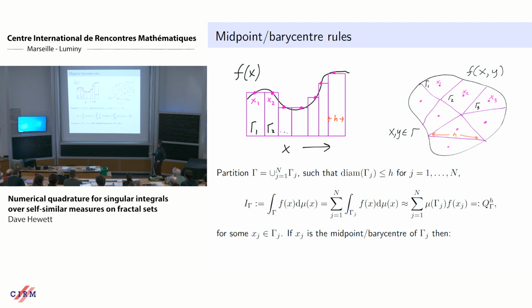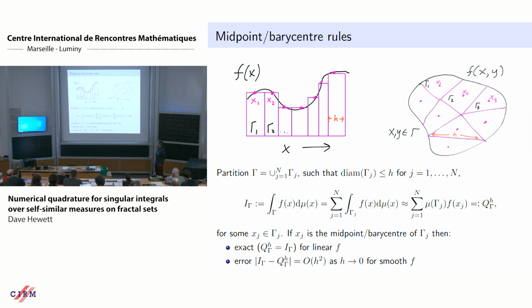If you choose the points to be the midpoint, or more generally the barycenter with respect to the measure mu, then you have this nice property that the quadrature rule is exact, not just for constant f, but also for linear f. And that means that just by a standard Taylor series argument, you can show that the error in the quadrature rule is big O of h squared as h tends to 0 for smooth functions f.